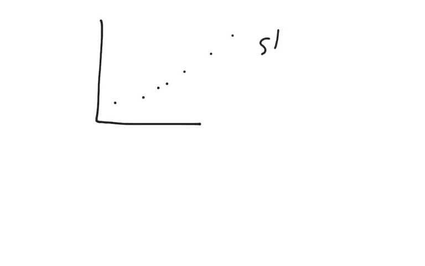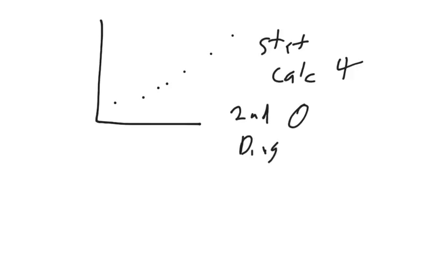So now when you hit stat, you move over to calculate 4, you should get your best fit line. And if you hit second 0 and go to diagnostic on, you can get the R and the R squared.